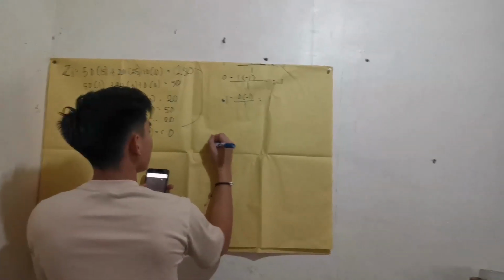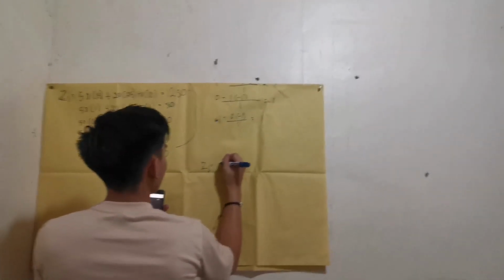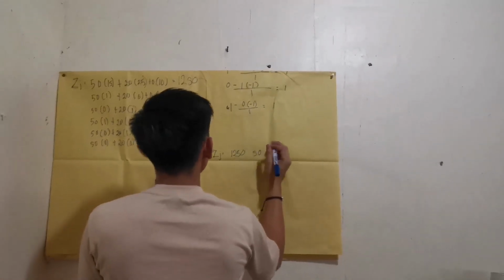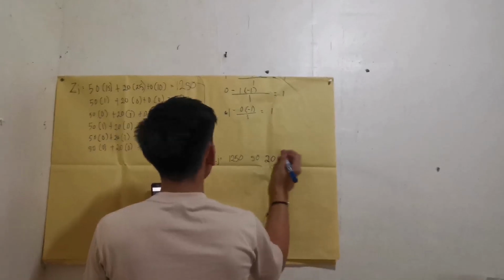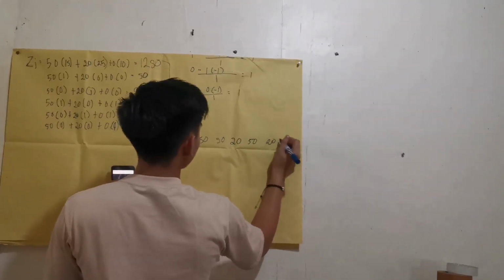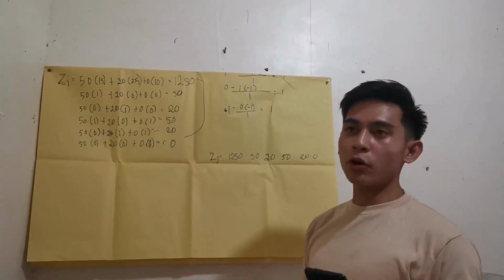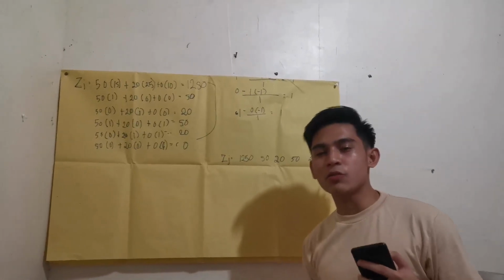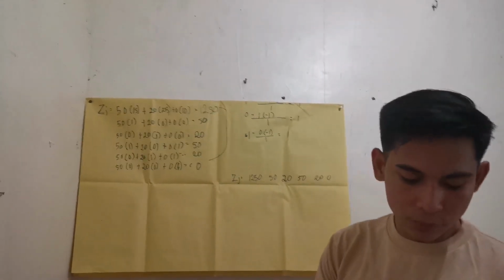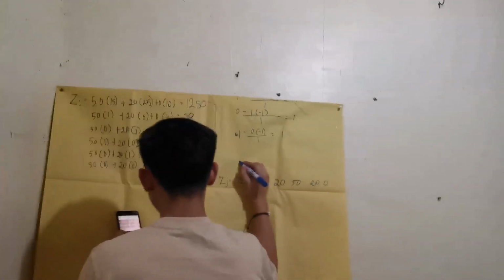So, 1,250, 50, 20, 50, 20, 0. So, yun o. So, para makuha yung C sub J minus Z sub J row, is i-minus natin yung Z sub J na nandito sa C sub J. So, C sub J natin is 50, 20, and 0 and 0.